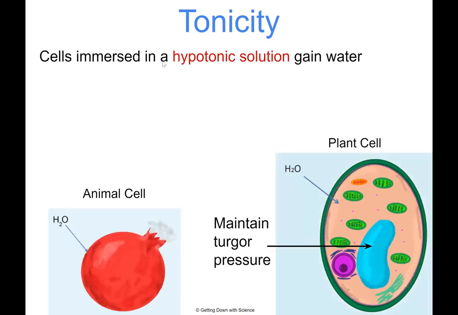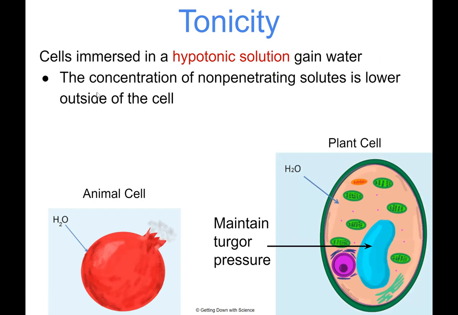And then we have our hypotonic solution. And so hypotonic solution, you'll notice with the animal and plant cell, both have water moving in. So the concentration of the non-penetrating solutes, those other solutes that can't move, the ones that aren't water, is lower outside than in. So the higher concentration is inside, water's going to move inside, trying to dilute it.